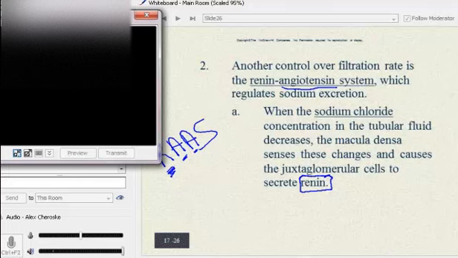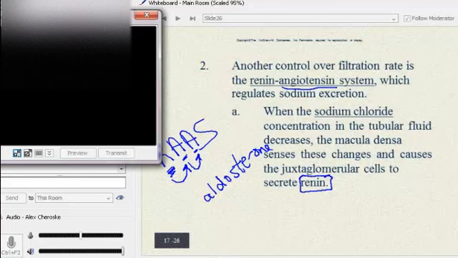And so the renin causes the release and activation of the angiotensin. The angiotensin causes the release of that aldosterone, like we mentioned before. And aldosterone controls the amount of sodium that we will reabsorb, and so that helps us to regulate the amount of sodium, which also helps to control the amount of fluids that we'll need to maintain in the body.